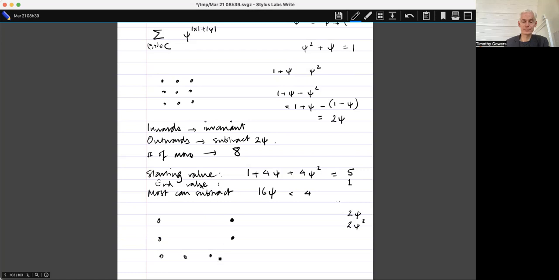Let's try that one. If I do this, what will I subtract? That had 1 psi squared, so I'll just lose the psi squared, but the value of this will be the same as the value here. I can sort of see myself managing to subtract another 2 psi squared.